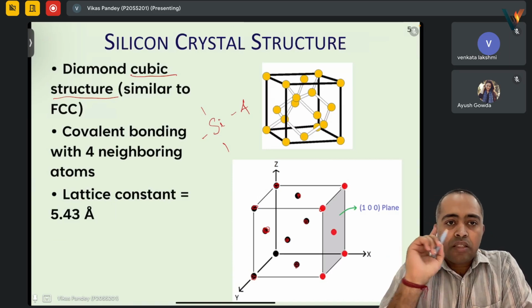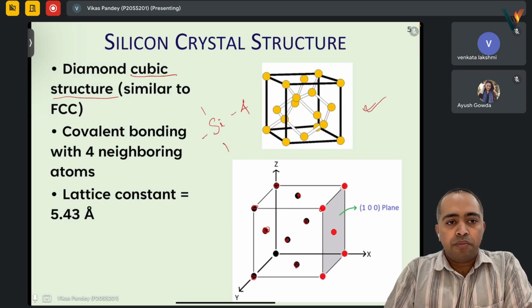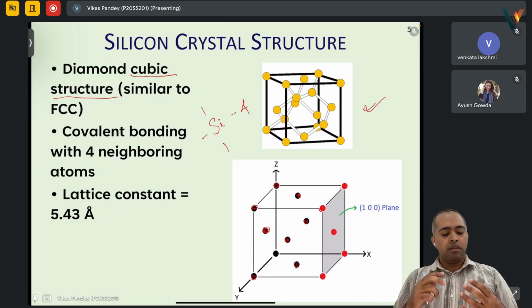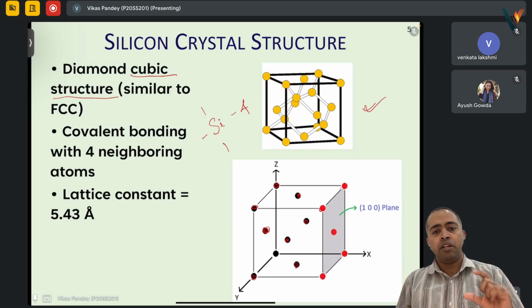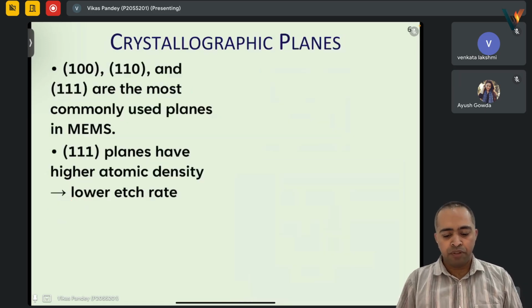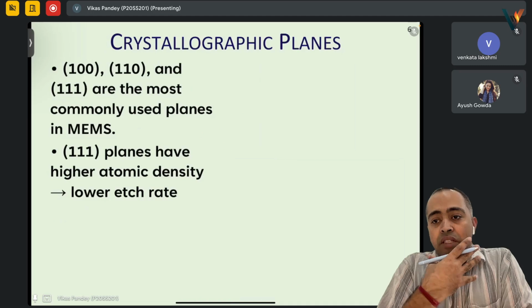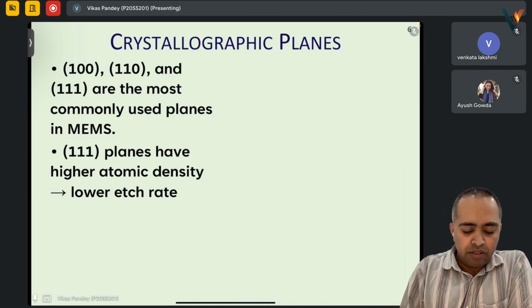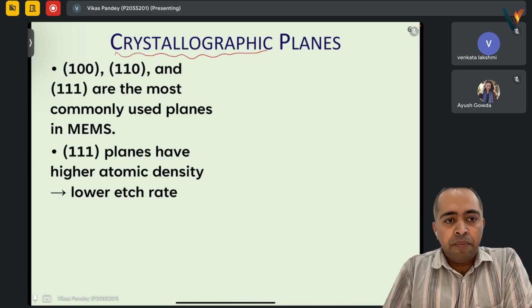The crystal structure that forms is the diamond cubic structure, or FCC, face centered cubic, which has a lattice constant, meaning the mean difference between two atoms, of 5.43 angstroms.